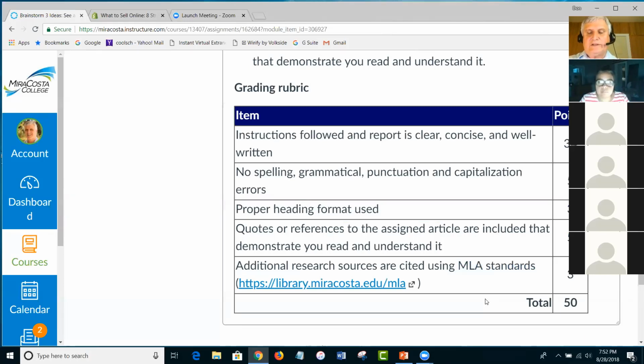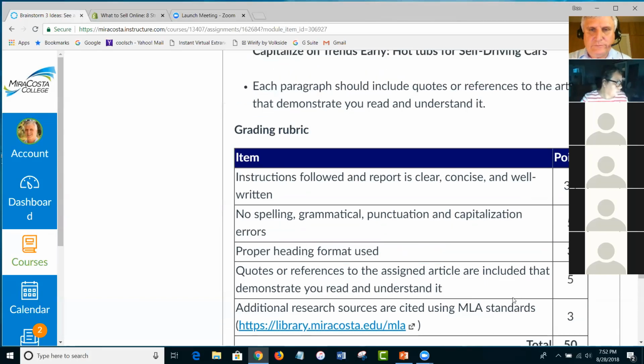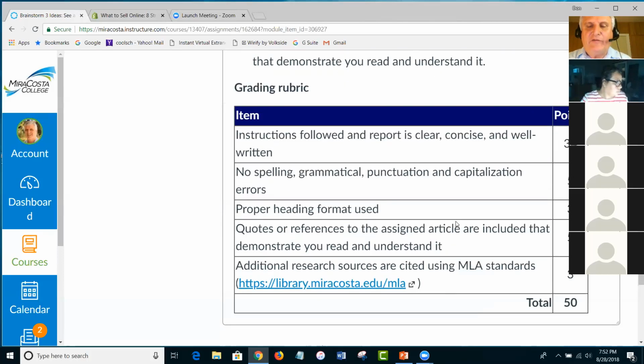So any questions on this week's homework? I have one. As far as the instructions go, I'm not sure if you just said this, I was writing it down. MLA format, is that how you'd like it to be written? MLA format for anything that you cite.